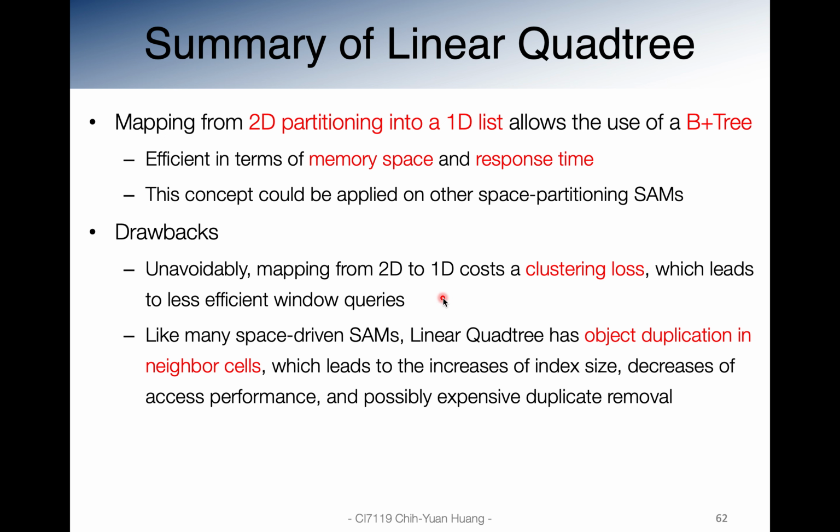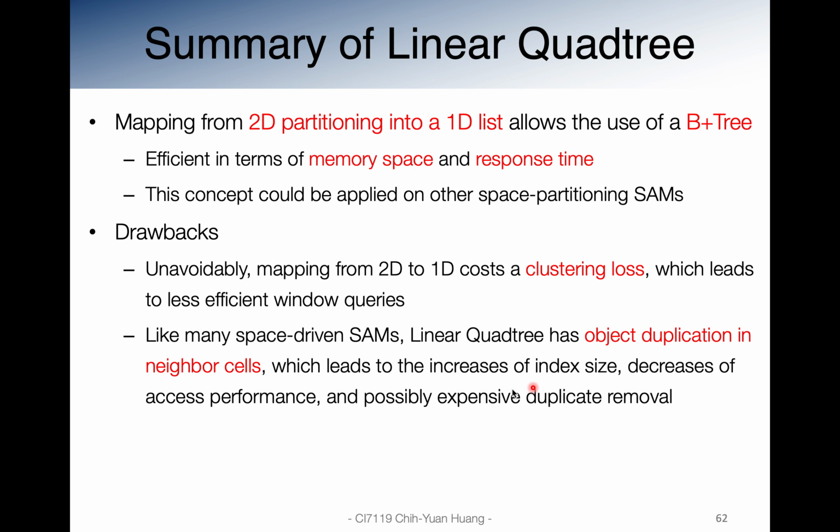The second drawback is, like all the space-driven approaches, the linear quadtree suffers from object duplication. This means that for window queries, it needs to sort the potential results and then remove the duplicates.